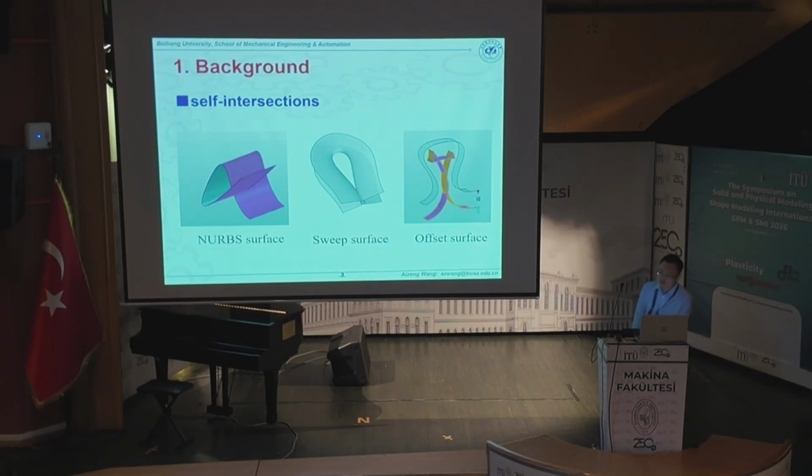Therefore, reliable detection of self-intersections is a critical capability of modern CAD systems, with direct impact on machining verification and path planning.